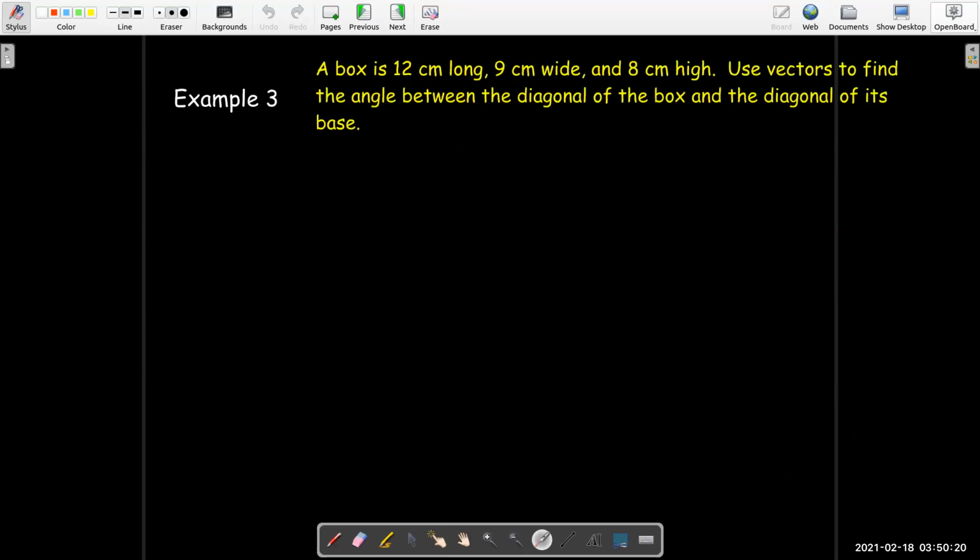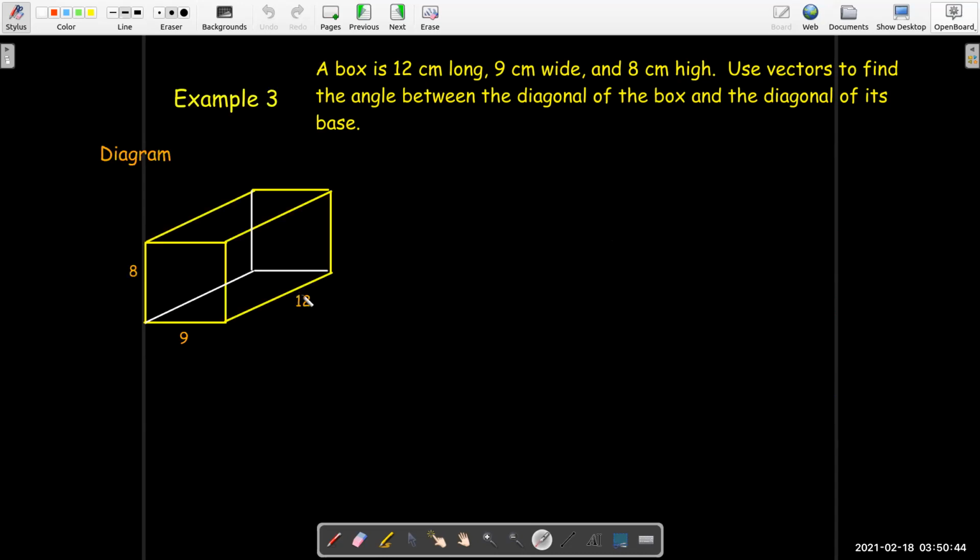All right, in our last example, we have a box which is 12 centimeters long, 9 centimeters wide, and 8 centimeters high. And we're going to use vectors to find the angle between the diagonal of the box and the diagonal of its base. Well, we really need a picture here.